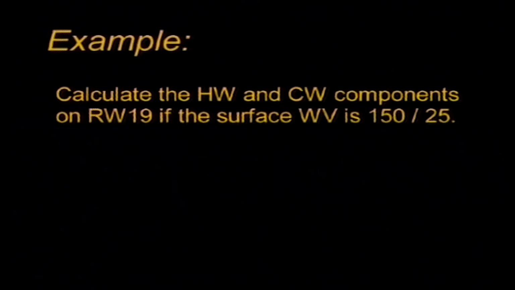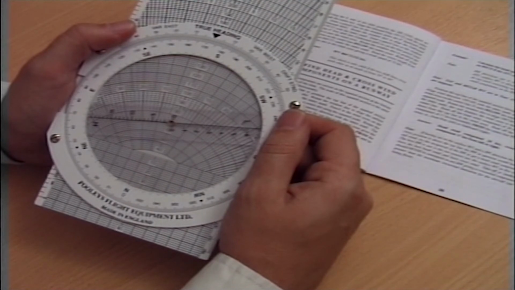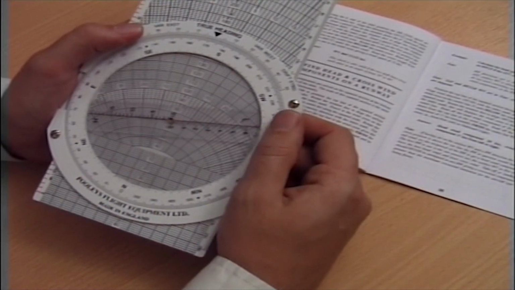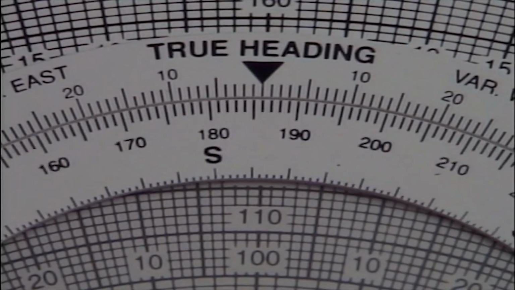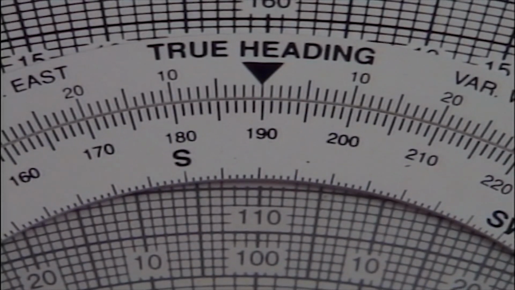Headwind and crosswind components on a runway are solved on the squared section at the bottom of the slide. For example, calculate headwind and crosswind components on runway 19 with a surface wind of 150, 25 knots. Move the inner scale so that the runway direction of 190 degrees magnetic is positioned under the true heading index.